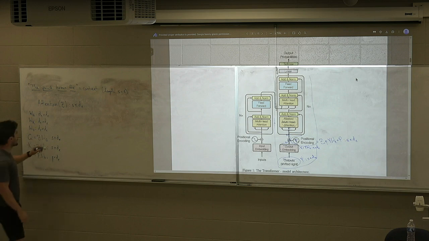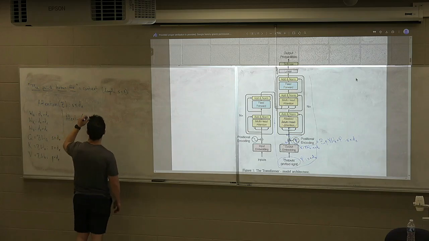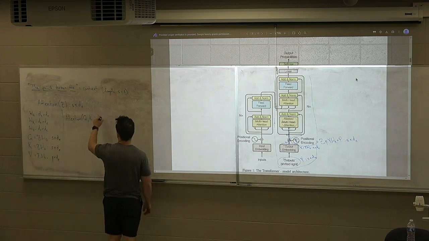Now, the attention mechanism is a function, and people like to write it this way, even though it's really just a function of Z. They like to write it as a function of Q, K, V, which are these three matrices, and it's defined like this.